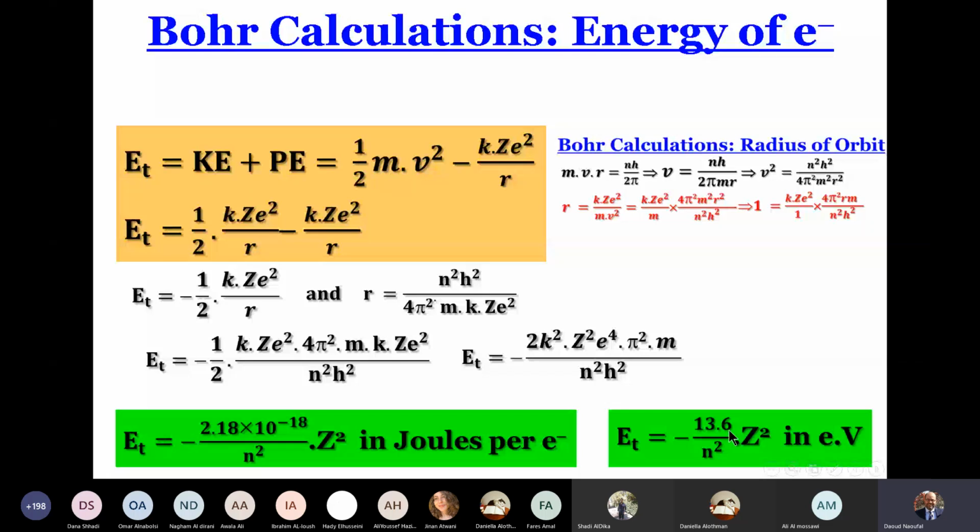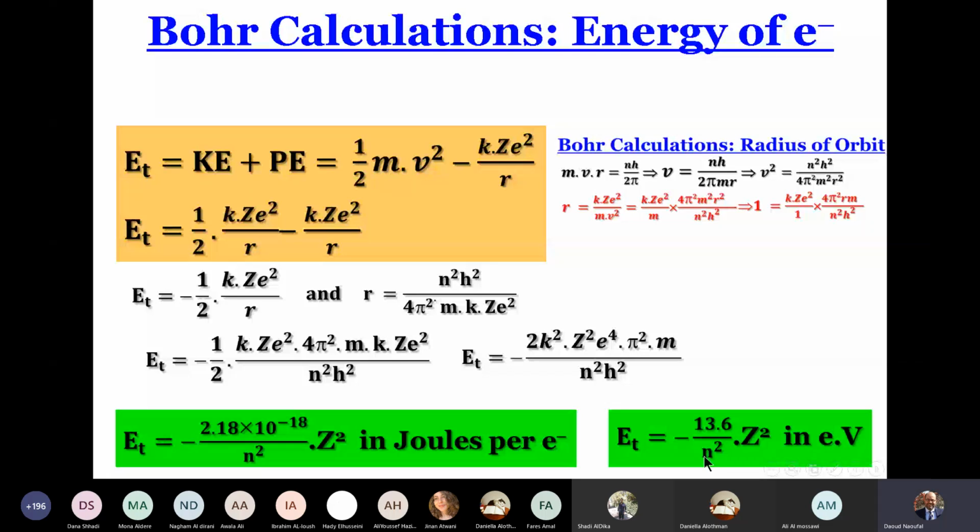So for hydrogen, Z equals 1, so the total energy of the electron on an orbit is equal to minus 13.6 divided by n square. In hydrogen, the electron found on level 1 has energy minus 13.6 electron volt. The electron found on orbit 2 has energy minus 13.6 divided by 2 square.